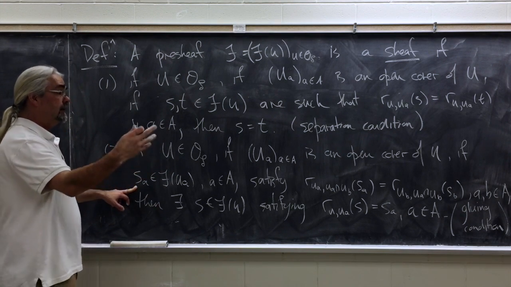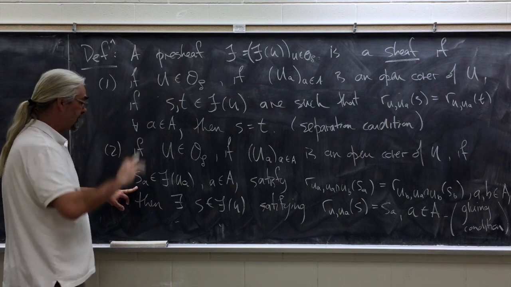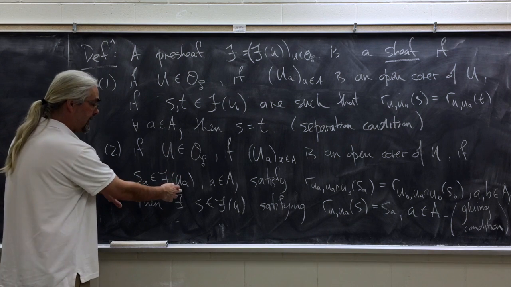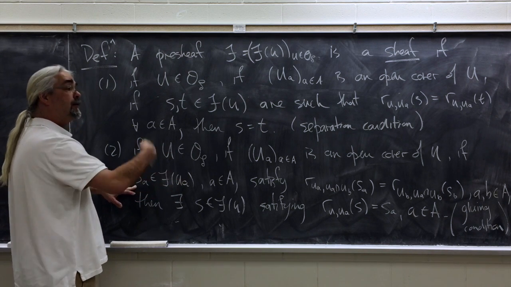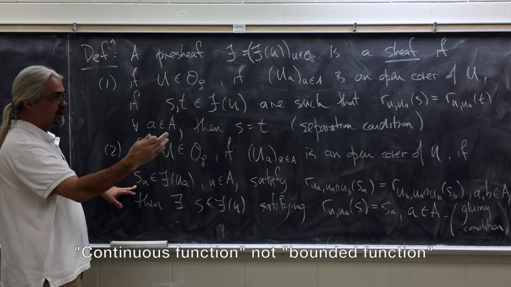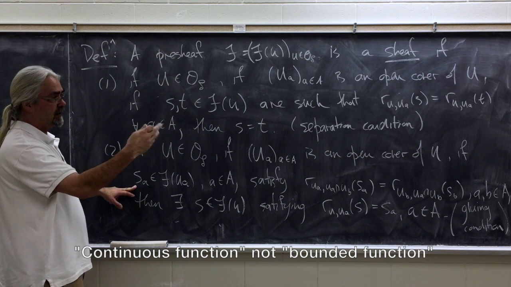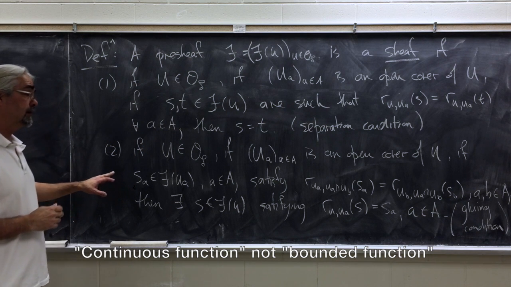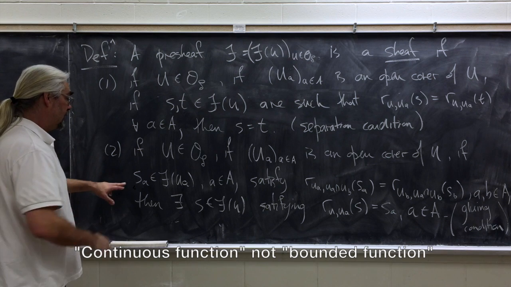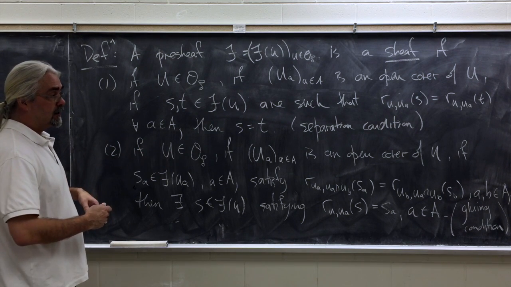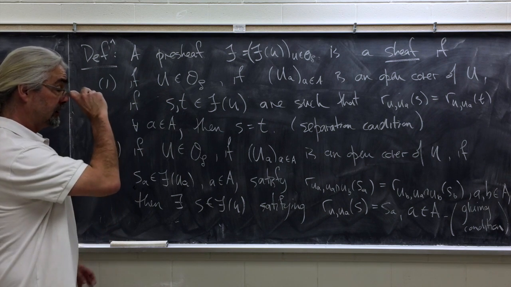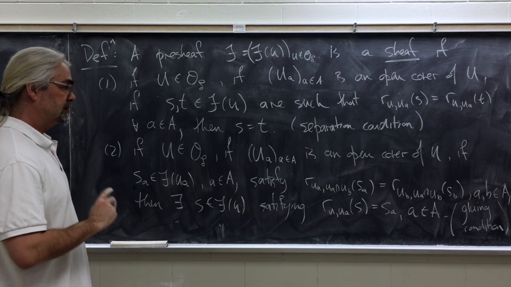Then if you restrict it to each of these relatively compact elements of the open cover, those will be bounded, because it'll be a bounded function defined on a set whose closure is compact. But there will not be a global section which agrees with that, because the global section will be the unbounded one that you started with. So that's an example of a presheaf that's not a sheaf.